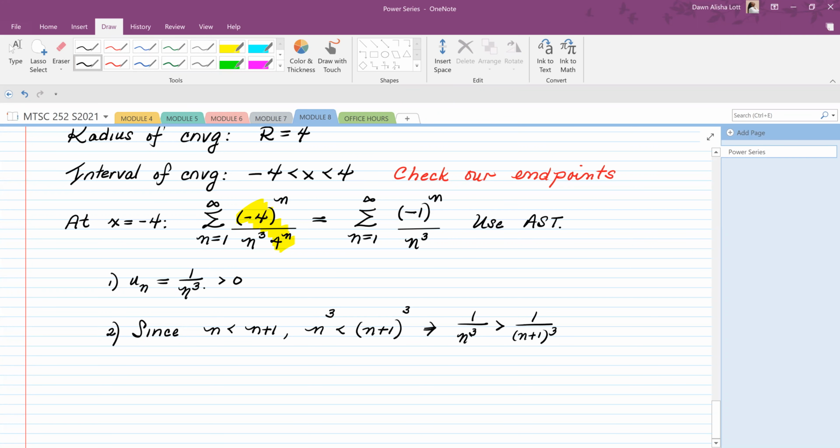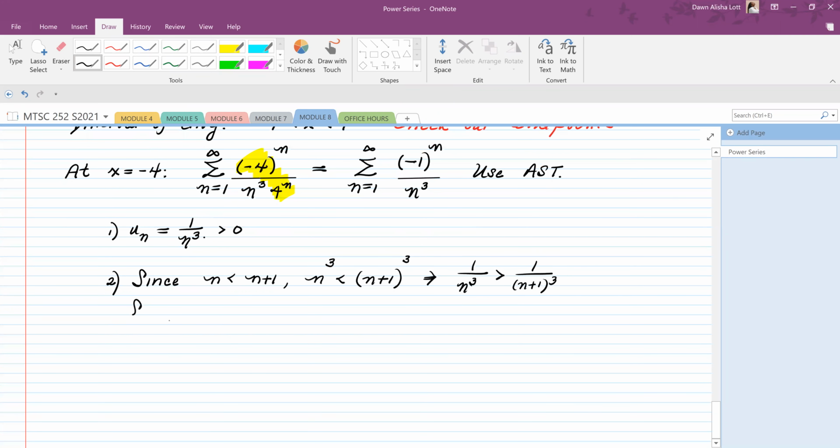So un is bigger than un plus 1 for all n. So it satisfies the third thing, and the limit as n approaches infinity of 1 over n cubed is 0.